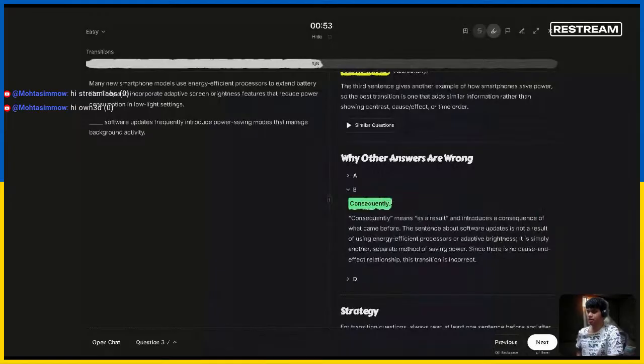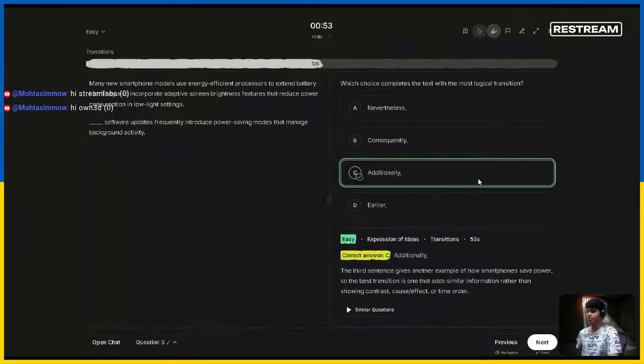The sentence about software updates is not a result of using energy efficient processors. So you could use consequently like, Motasim ate a whole burger. Consequently, he gained 25 pounds. Okay, what else?